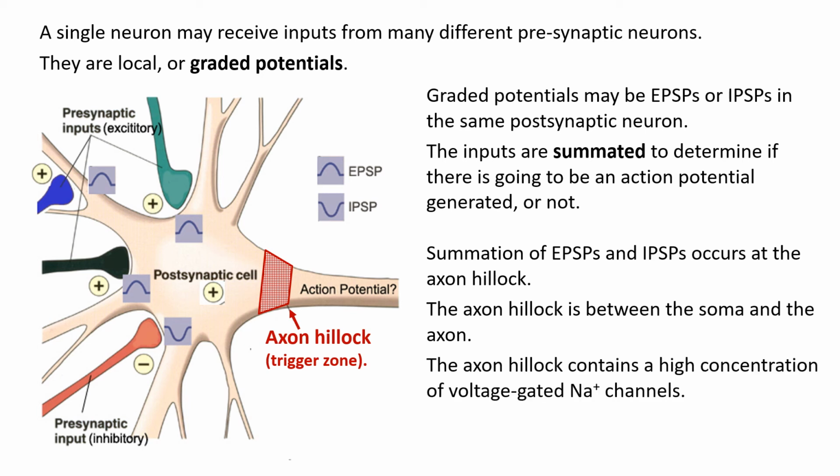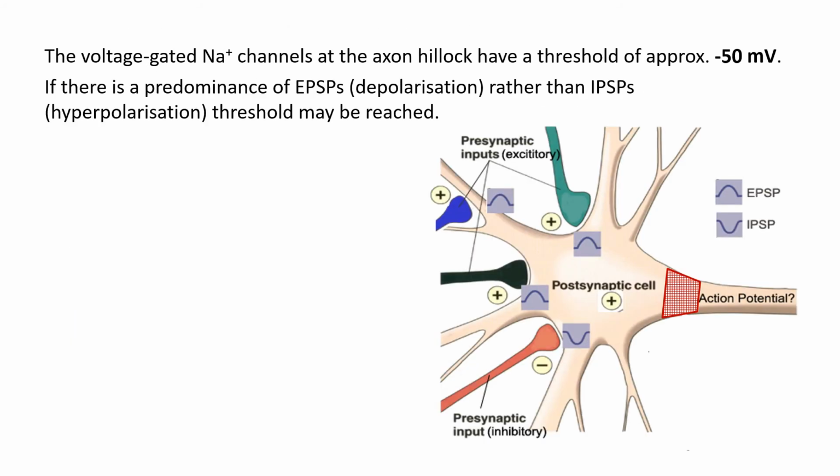Now, the axon hillock contains a lot of voltage-gated sodium channels. These all have little voltage sensors, so they're able to determine what's happening in the soma in terms of depolarization versus hyperpolarization. The voltage-gated sodium channels at the axon hillock have a threshold of about minus 50 millivolts.